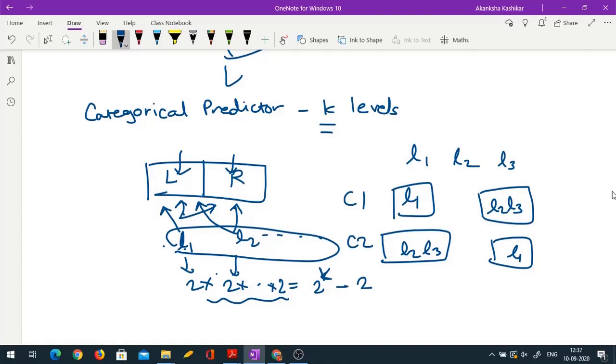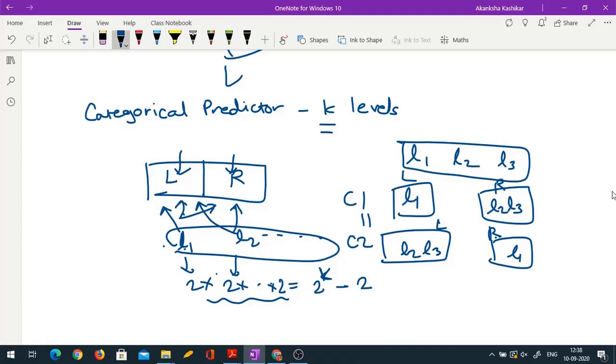But technically, are these two separate combinations? No, because I am just calling this the left node and this the right node, but does it really matter? As long as my levels are not ordered, it doesn't really matter what is left and what is right. So even when I say this is left and this is right, these two combinations give me the exact same split. So I don't want that.